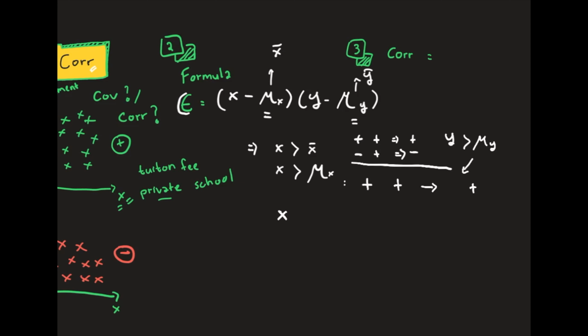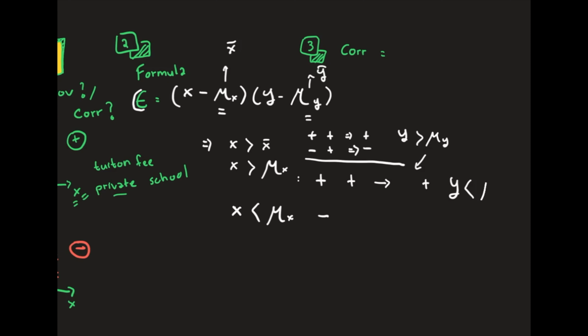And if x is smaller than mu x, which is minus, and y is also smaller than its mean, which is minus, then the relation becomes positive.